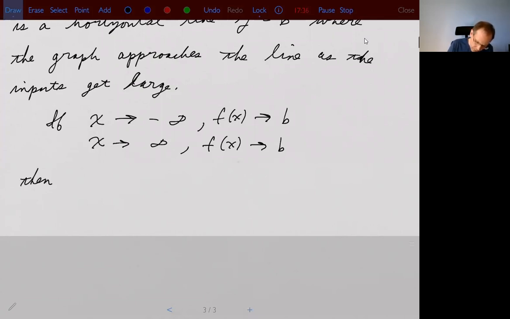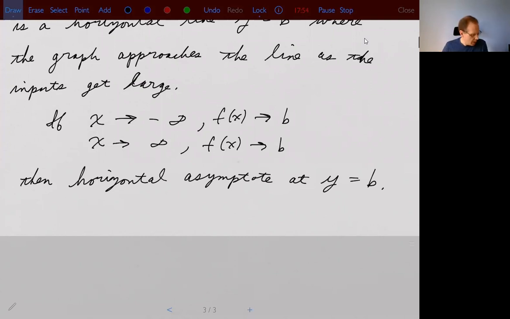Then you would have a horizontal asymptote at y equals b.